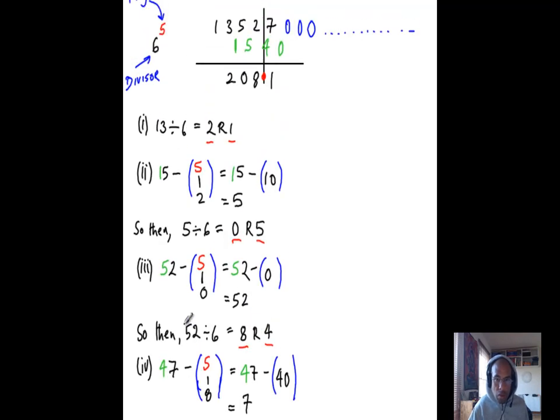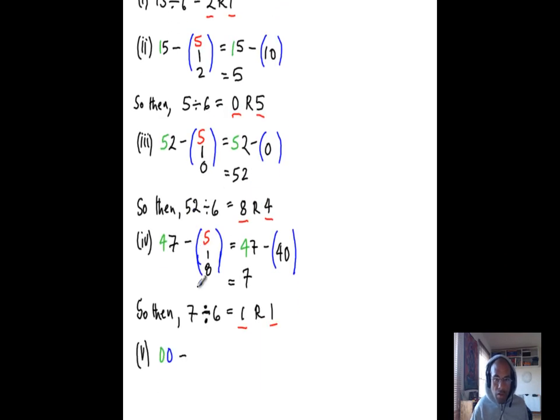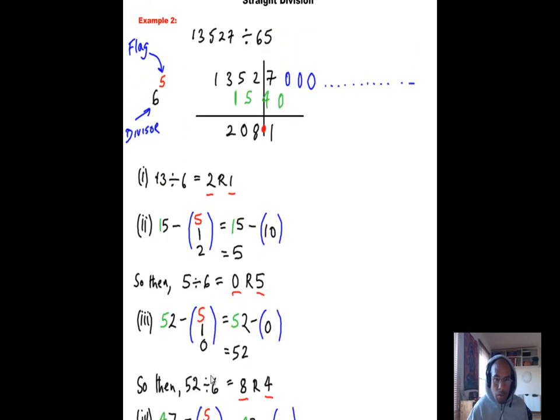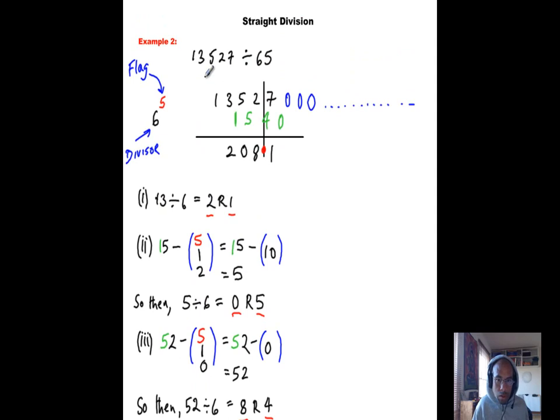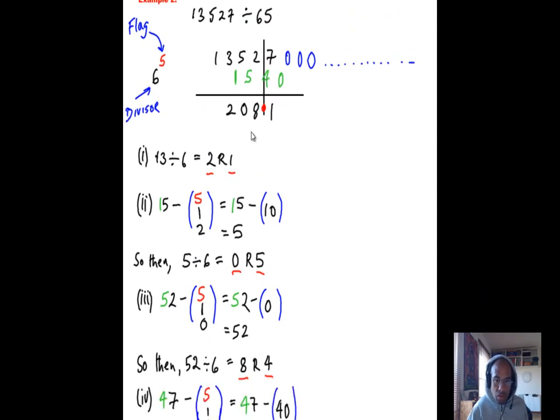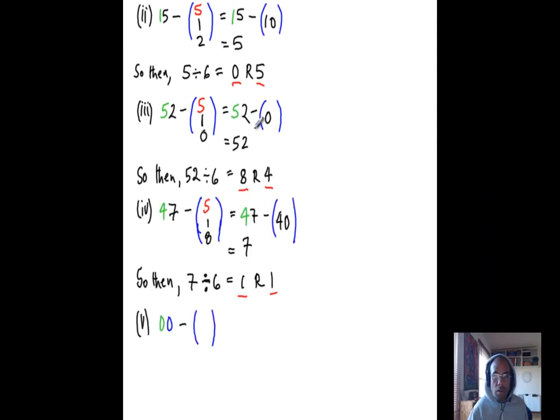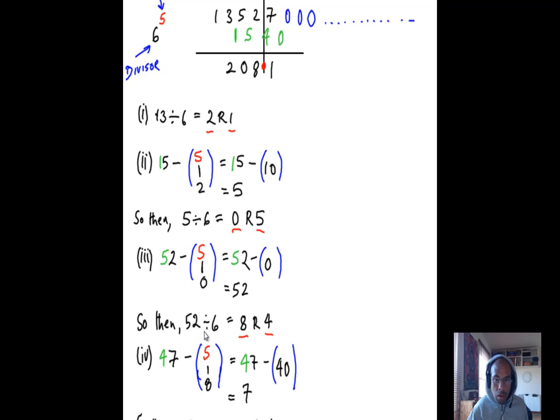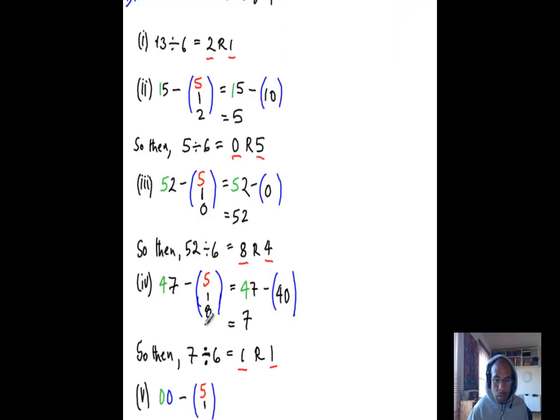So we've got 0, take away, in parentheses, nice and blue, what have we got in there? We've got the flag, as usual, in red, 5, and at the bottom, we cross multiply that by 1.